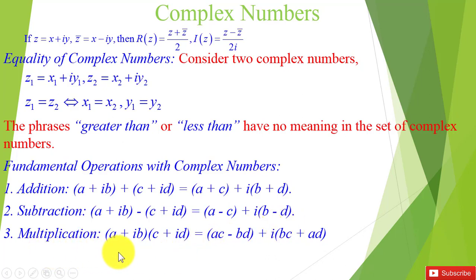Multiplication. (a plus ib) into (c plus id) is equal to (ac minus bd) plus i times (bc plus ad).